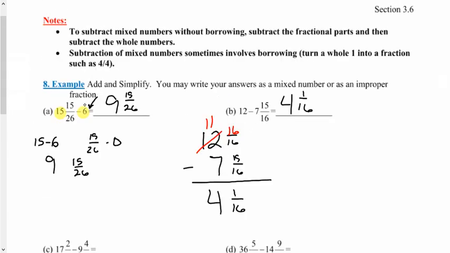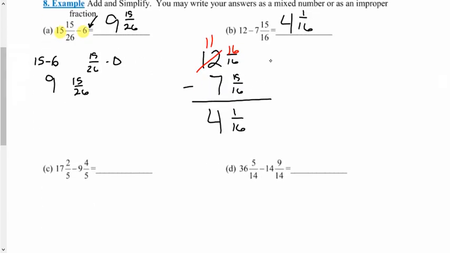Okay. Now, if you think about it, that should kind of make sense, because 7 is almost 8. And if I were to take 12 minus 8, everyone knows that's 4. But I'm actually taking away a little bit less than 8. And if I'm taking away a little bit less than 8, then my answer should end up being a little bit more than 4. So this should make sense, right?